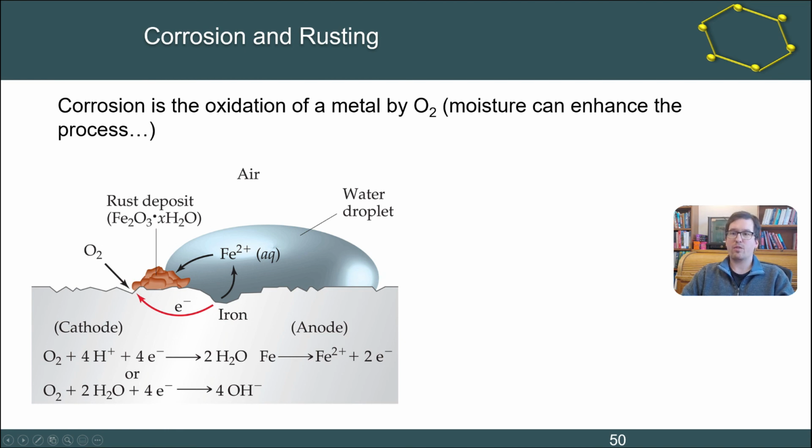In either case, we get these rust deposits, which are iron oxides or oxyhydroxides, just depending on the conditions in which they formed. And they can actually have both. You can have a mixture of oxyhydroxides and oxides. That's why there's this x here. It's certain amounts of water in the structure.